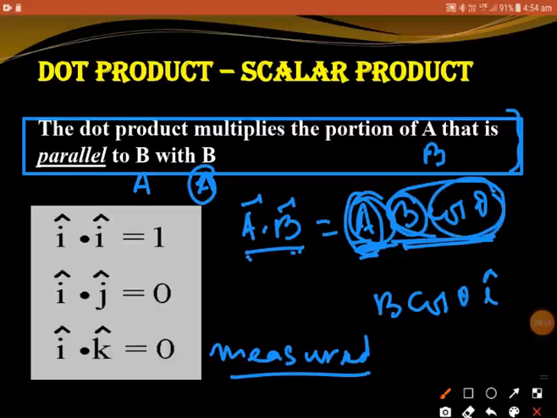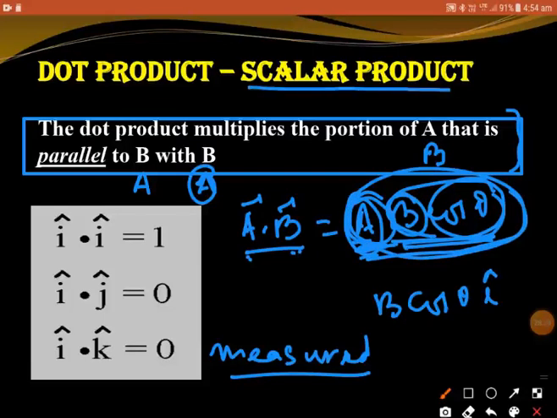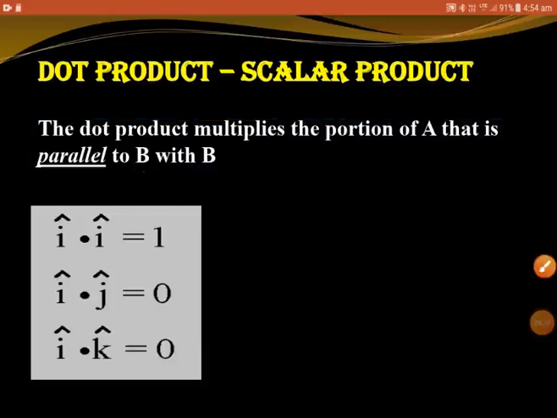Got it? So why do we call this a scalar quantity? Because it doesn't have any direction. It will give you only the magnitude, so we also call the dot product the scalar product of vectors. Got it?